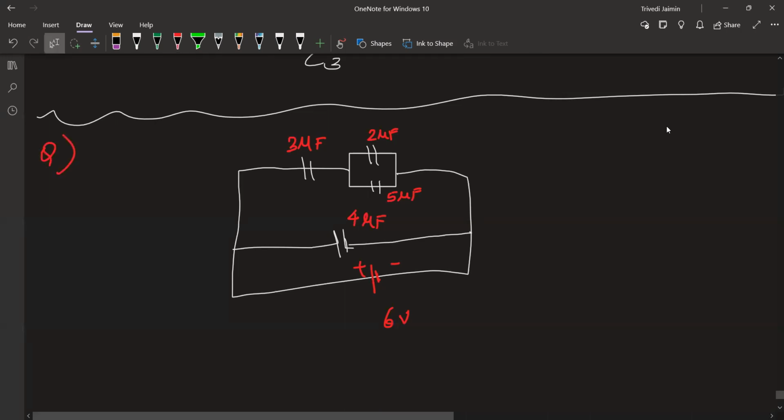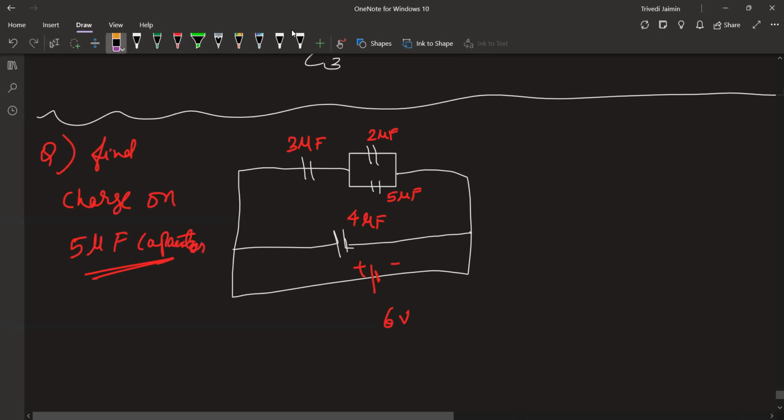So here the question is find the charge on the 5 microfarad capacitor. Okay. Then students, what will we do here?